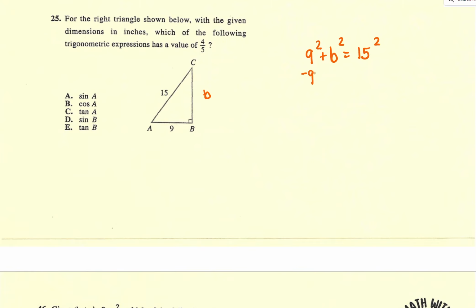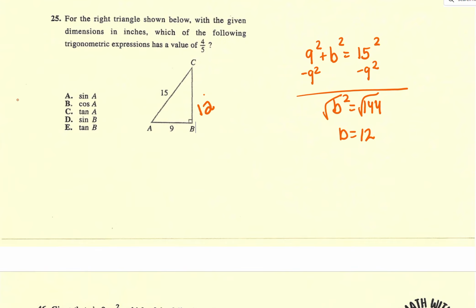I'm going to subtract 9 squared from both sides. So b squared is equal to, quickly in your mind or probably on your calculator, just because we need to be fast, you're going to say 15 squared minus 9 squared and get 144. Take the square root, and the missing side is 12 right there.